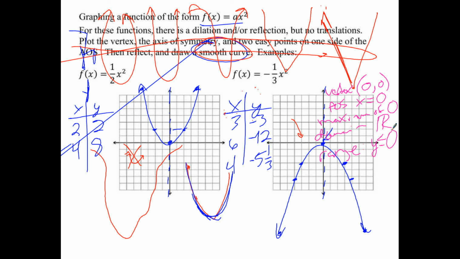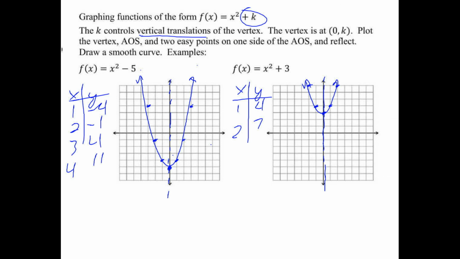Let's do the next one. Let's do the one on the right again. So, vertex. What is it? 0, 3. Axis of symmetry, AOS. X equals 0. Okay, what's next?